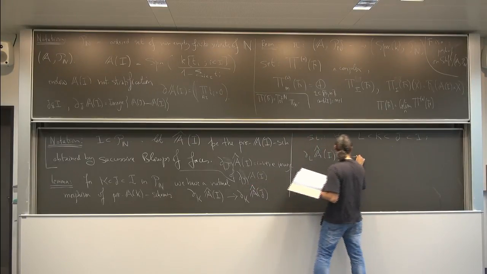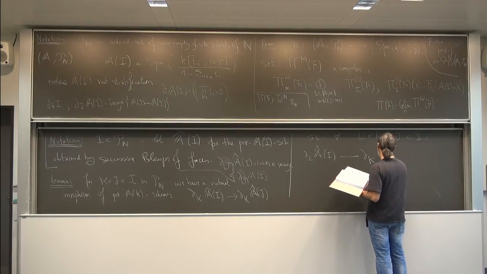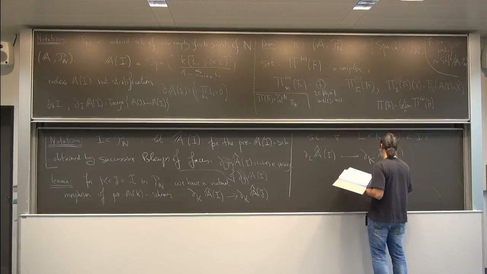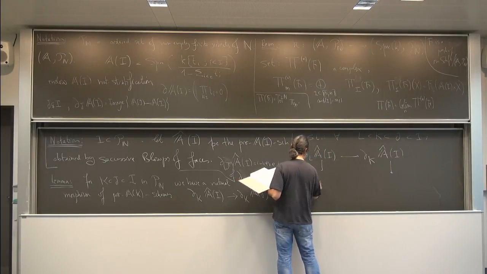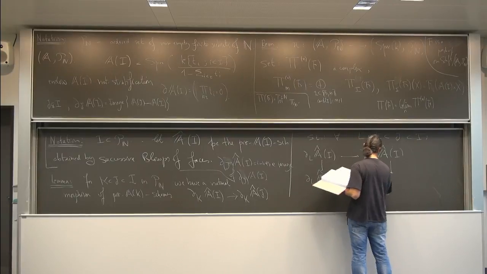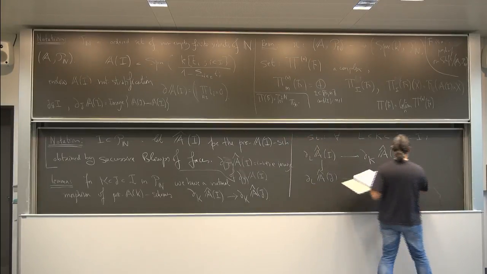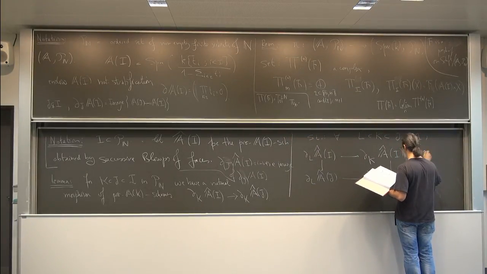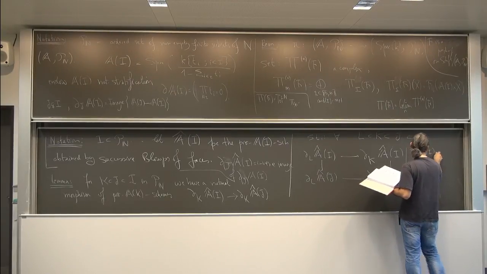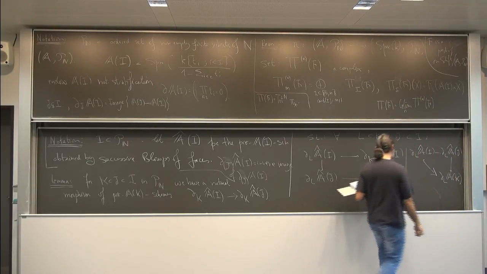Of course there are maps like this, and these are obvious maps. This is inside here. Now we have these projections. This commutes, and furthermore this triangle commutes.